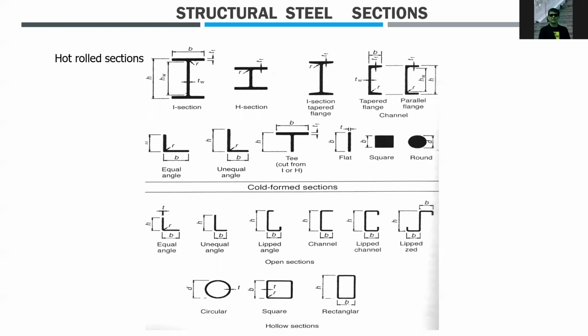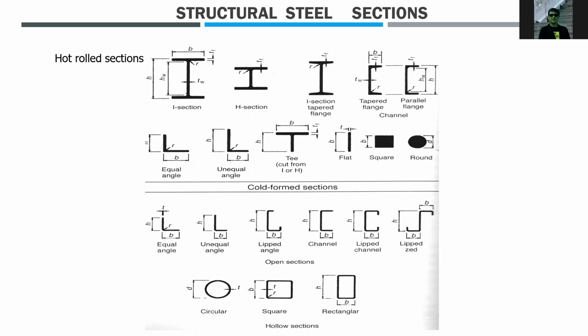Okay, so different types of hot rolled. We have the I section, the H section, the tapered flange, parallel flange, the equal angle, unequal angle, the T-cut form, the flat, square, and round.